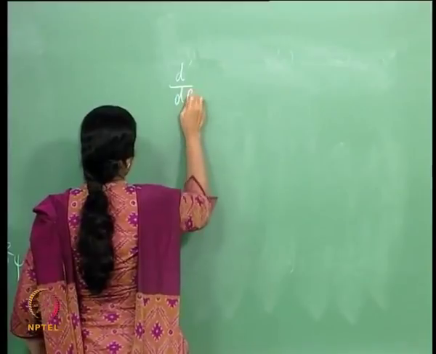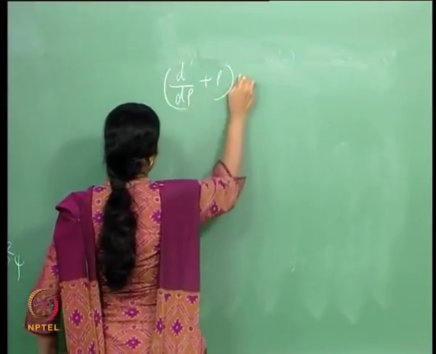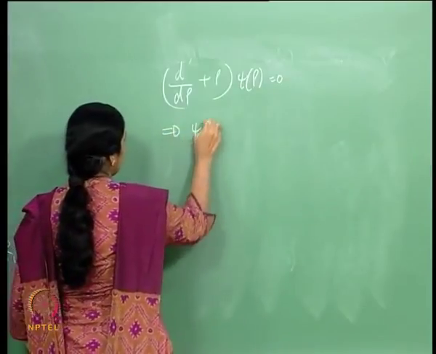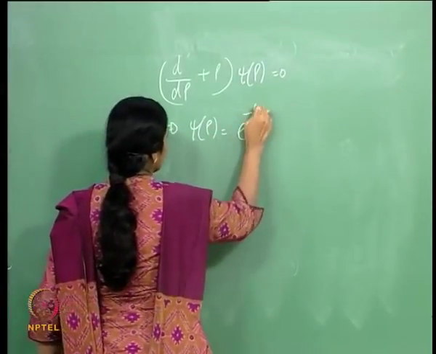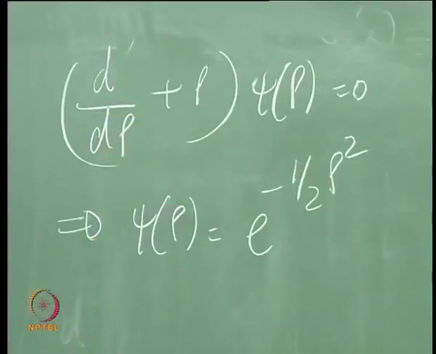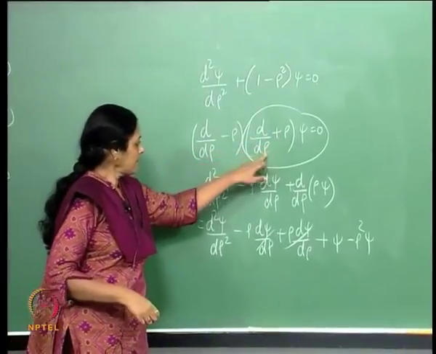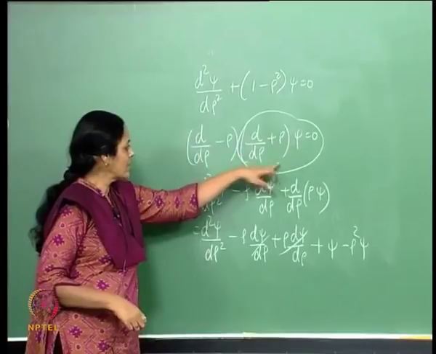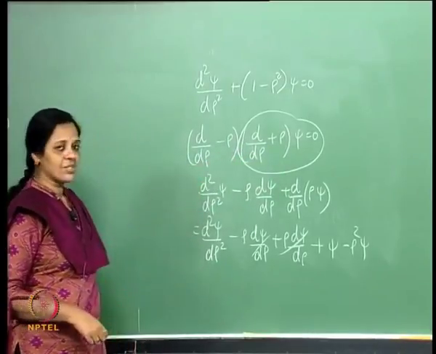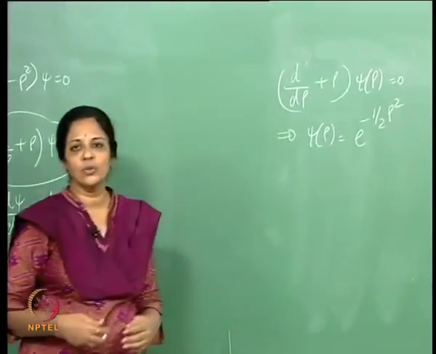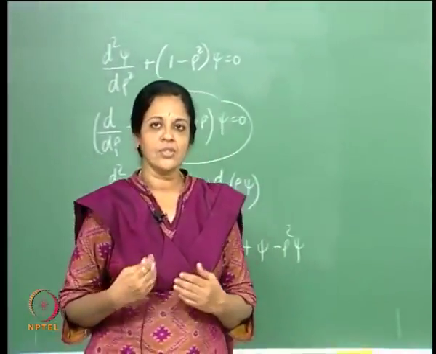So, (d by d rho plus rho) psi of rho equals 0 implies psi of rho is e to the minus half rho squared. And therefore, that is also a solution of this equation. Since psi is a Gaussian and it satisfies this first order equation, it also satisfies that equation. So, I have a definite solution for lambda equals 1.